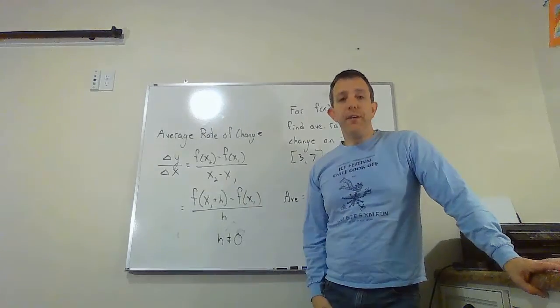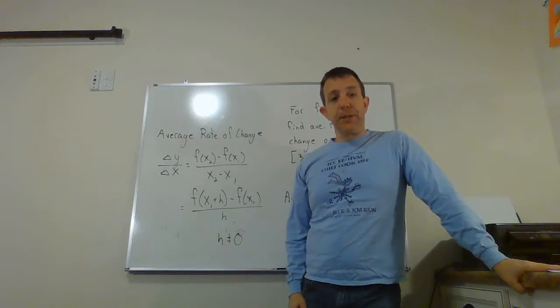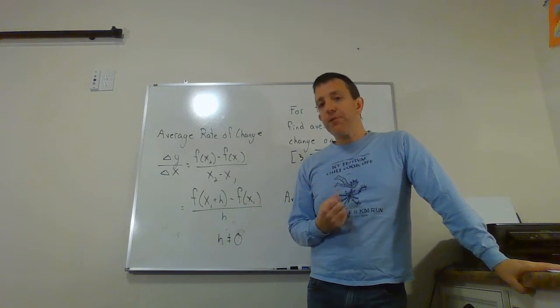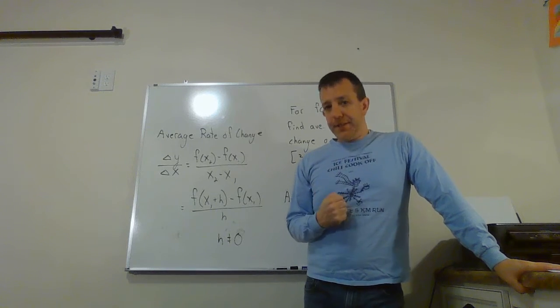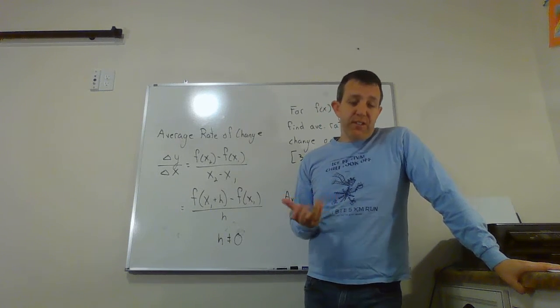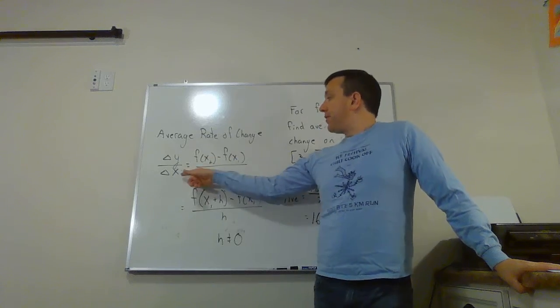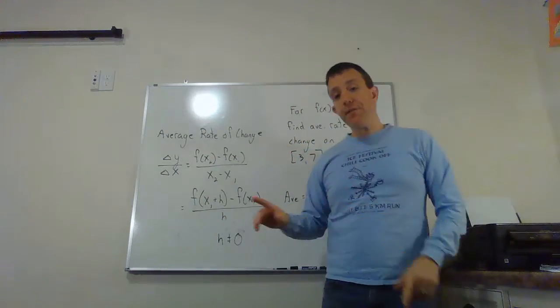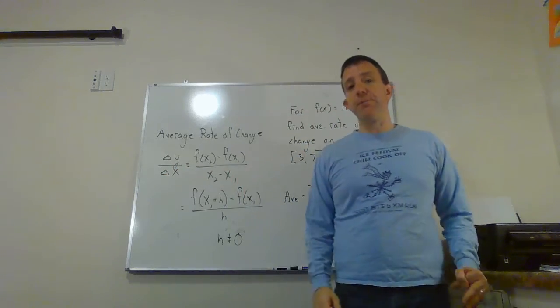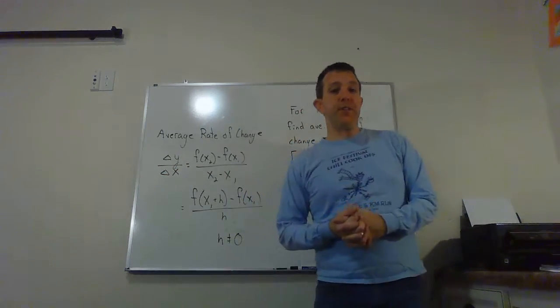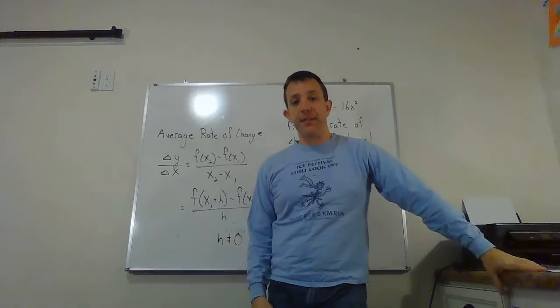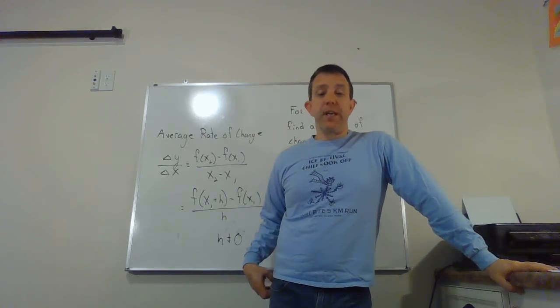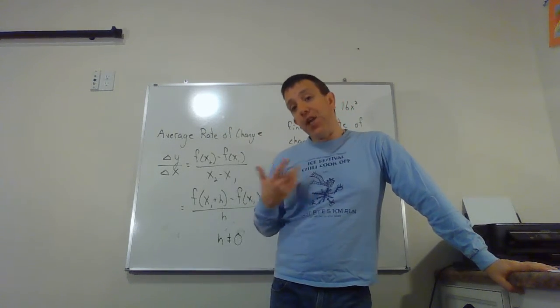Okay, so here is our average rate of change formula, and really it comes in 2 forms, but they're exactly the same. They look a little different, but they are exactly the same. So delta y over delta x, change in y over change in x. If you've never seen this triangle notation before, it's called delta notation, and in basically any science class that you take, and certainly a lot of math classes, it just means the change in something.